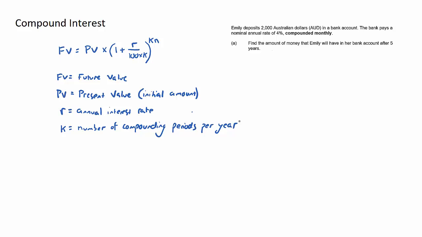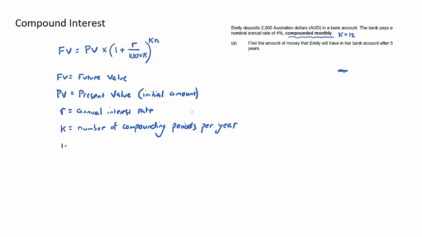It's usually one of those 4 scenarios. So for example, in this practice question on the right, this says compounding monthly. Now there are 12 months in a year, so in this case our K will equal 12. If it said quarterly, our K would equal 4 because there are 4 quarters in a year. If it was semi-annually, our K would equal 2, and if it was annually, our K would equal 1.